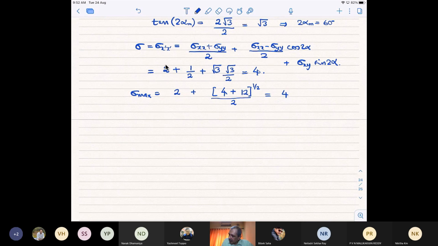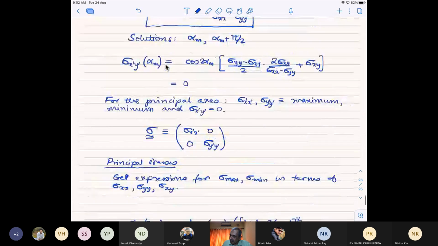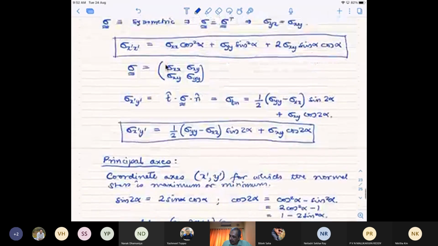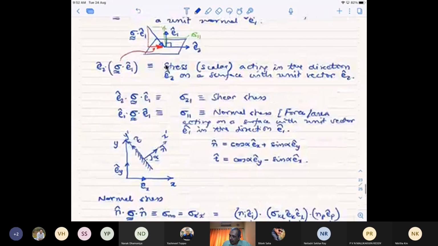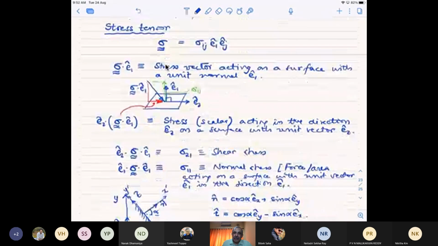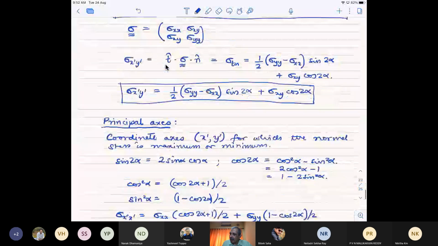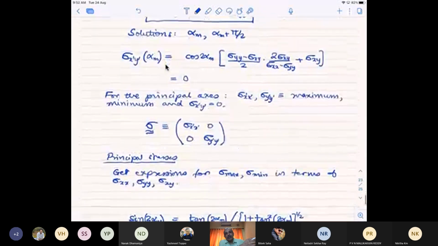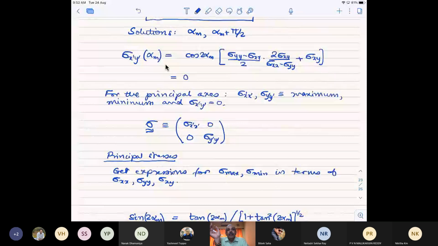The thing that I wanted to just say is that all of this stuff that we have done, starting from here, this is for any material. It doesn't have to be for a granular material. All we are saying is that if you are given a stress tensor, then for any material, you will be able to find an angle at which the normal stress is maximum.